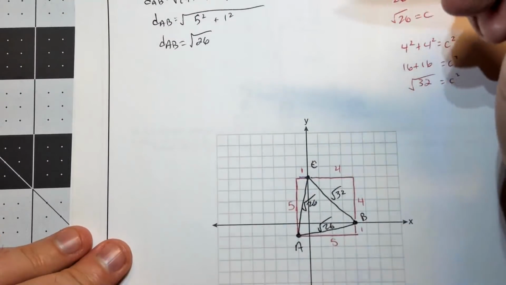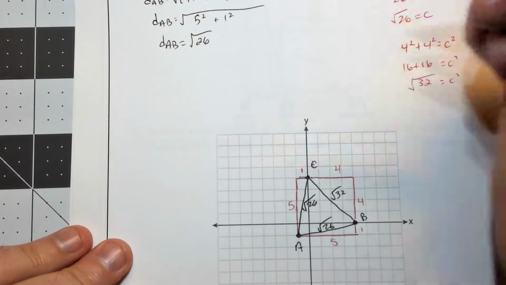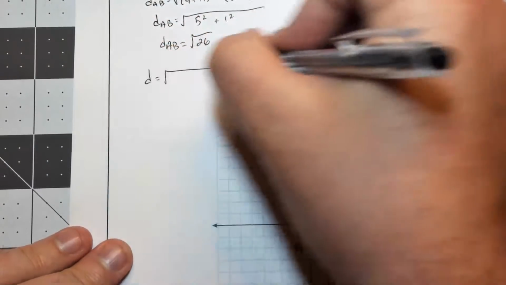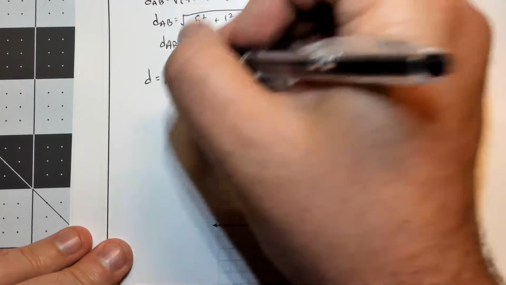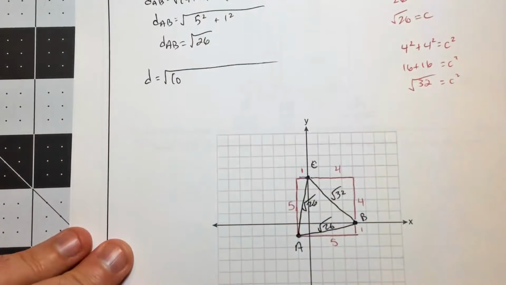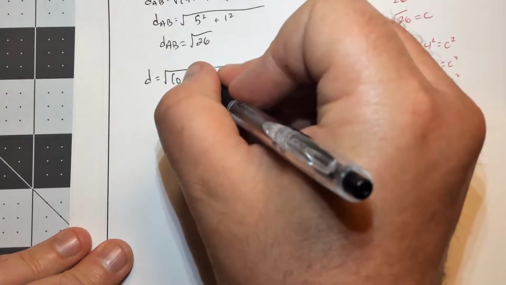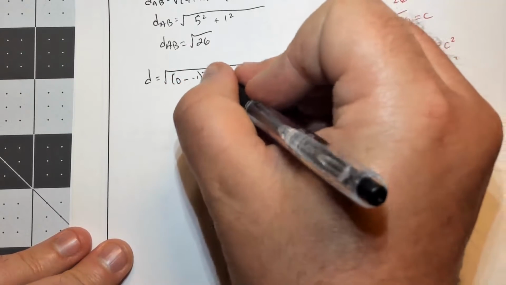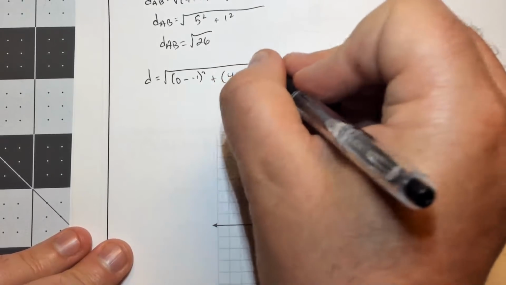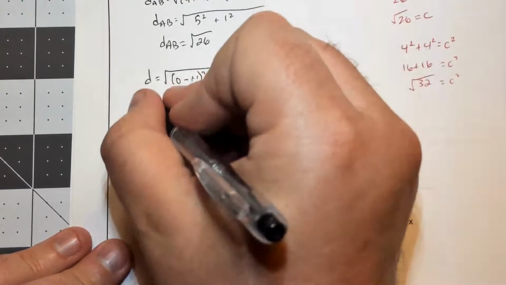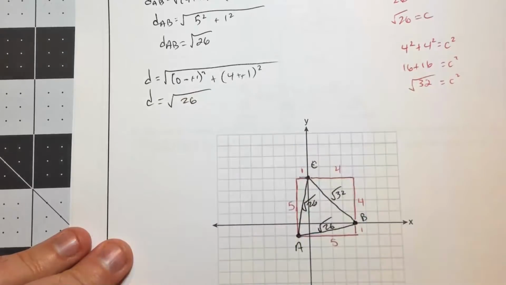If we keep doing the distance formula, we can keep going. So we're doing AC, so 0 minus -1, that's our 1 squared, plus 4 minus -1, there's our 5 squared, and the distance is going to equal the square root of 26.